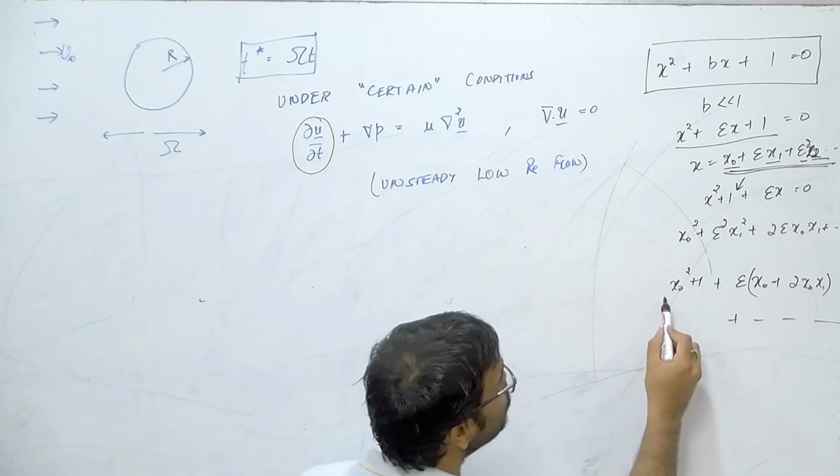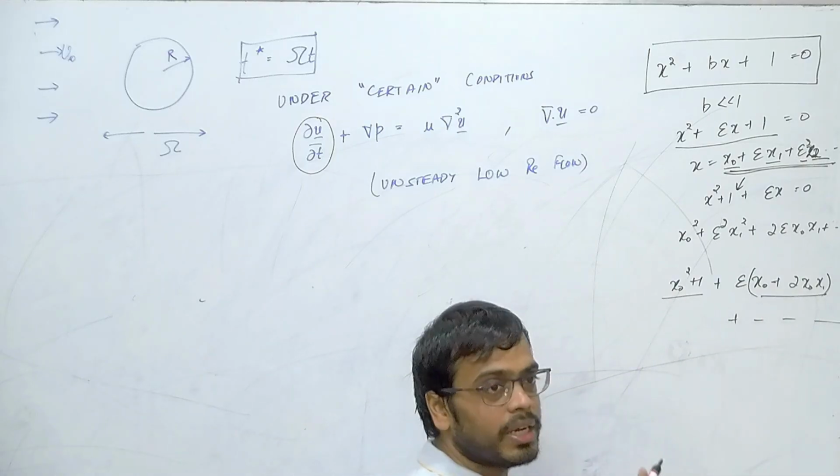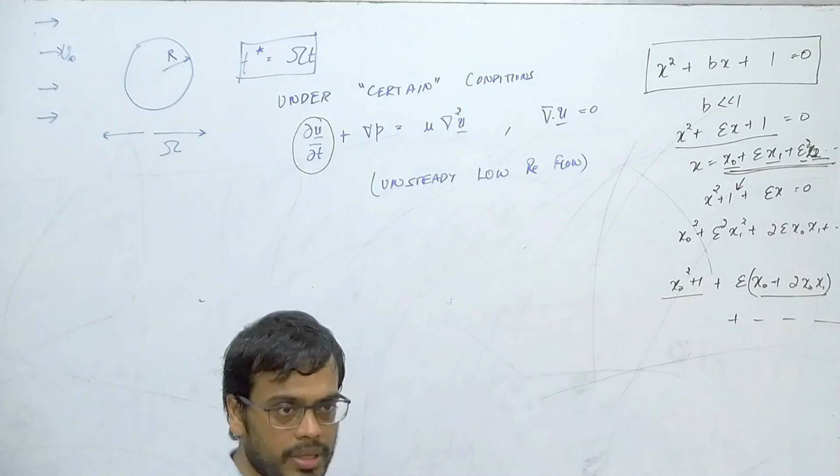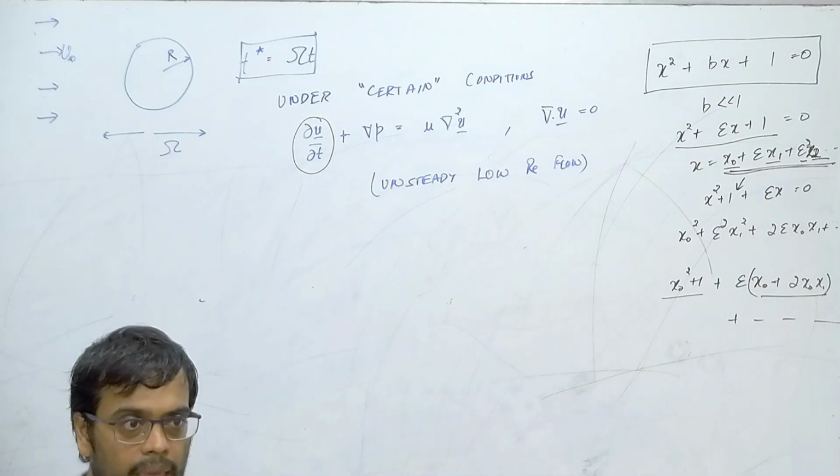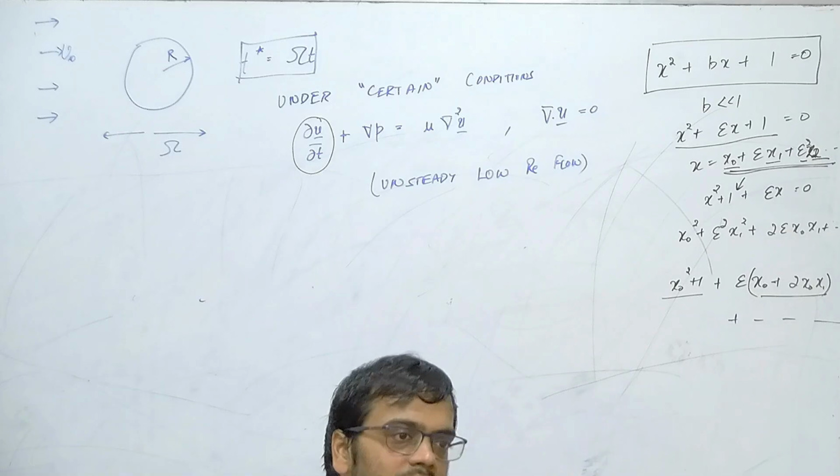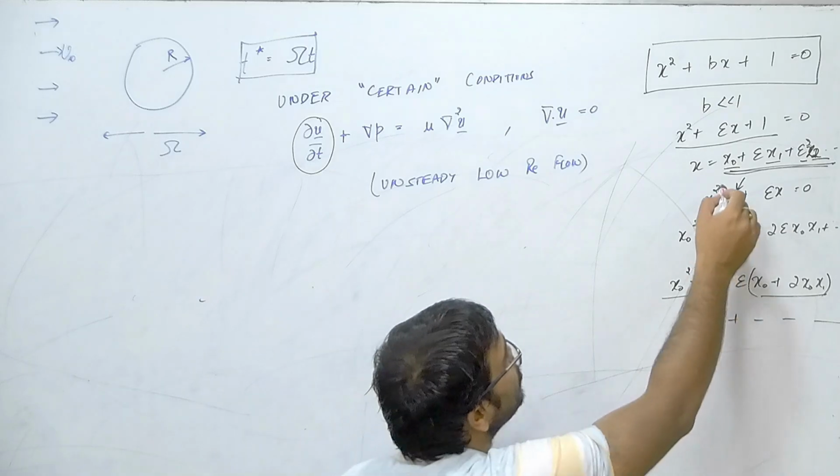You can individually solve these equations to find what x1, x2, x3 will be, and they are finer and finer corrections to the solution of this equation.